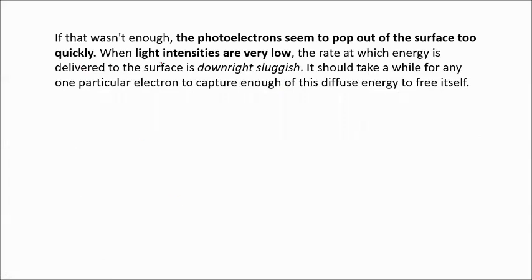So if that was not enough, the photoelectrons seem to pop out of the surface too quickly. When light intensities are very low, the rate at which energy is delivered to the surface is downright sluggish. It should take a while for any one particular electron to capture enough of this diffuse energy to free itself.